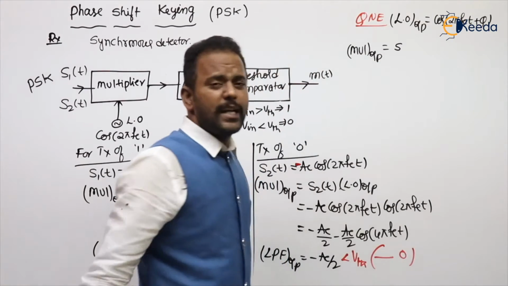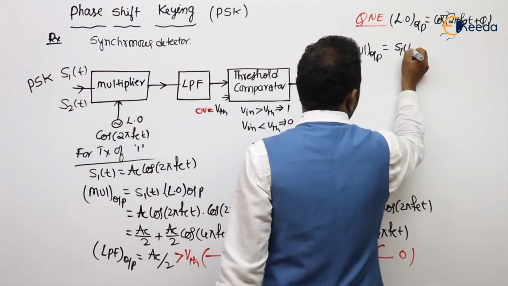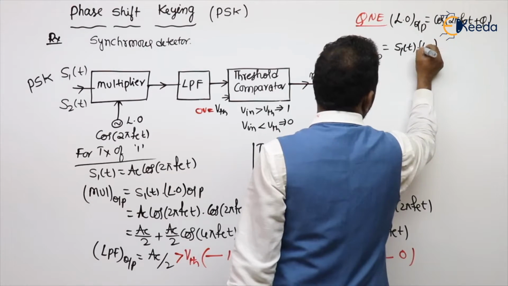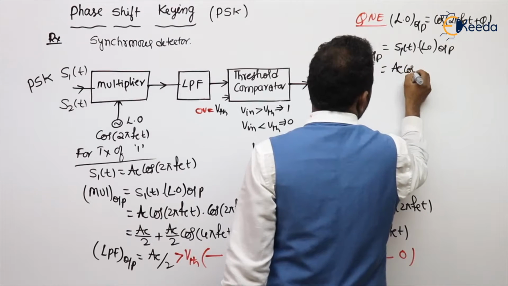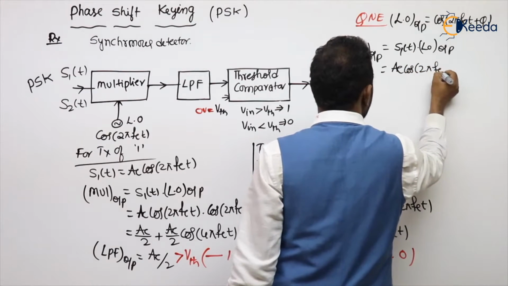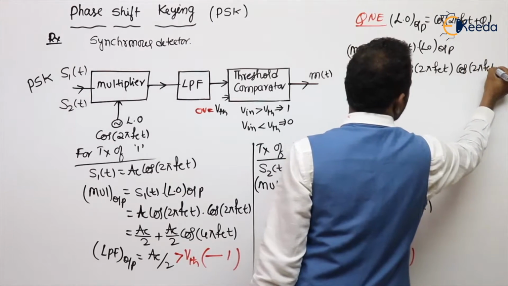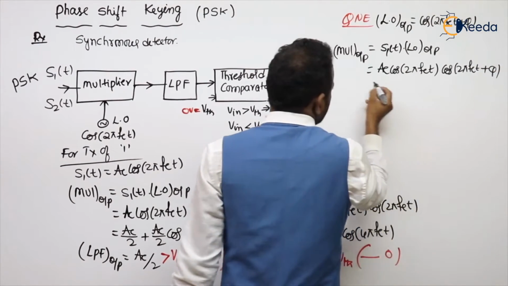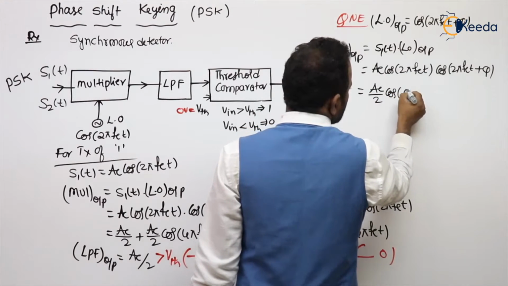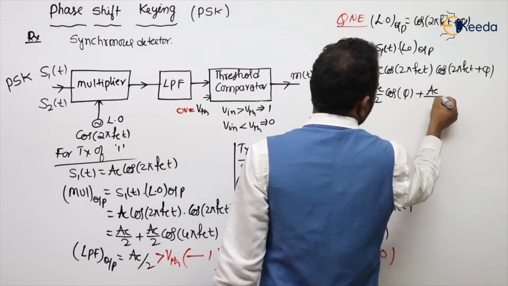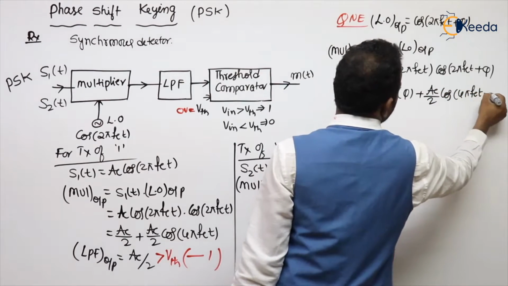You can analyze for either S1 or S2, no problem. Suppose I am analyzing for S1, S1 of t into the LO output, which is AC cos 2 pi FCT into cos of 2 pi FCT plus phi. This is nothing but AC by 2 cos phi plus AC by 2 cos of 4 pi FCT plus phi.